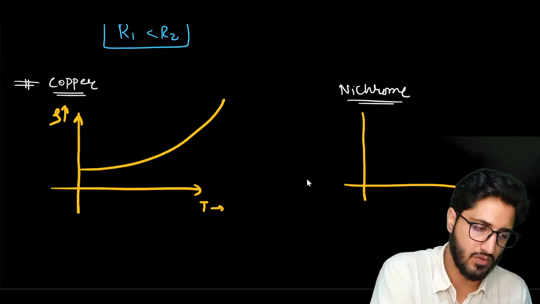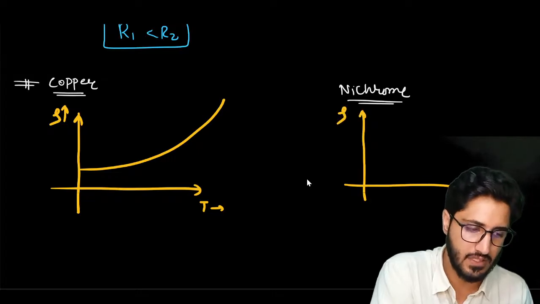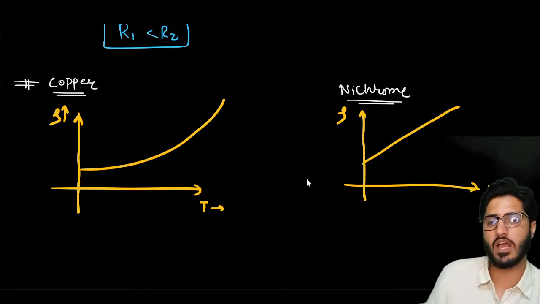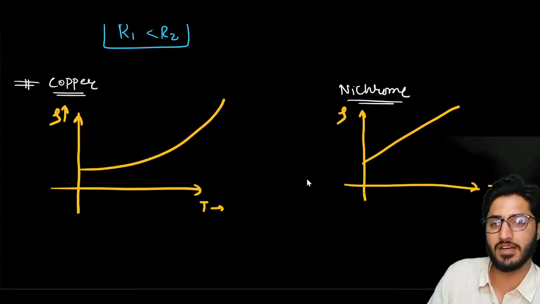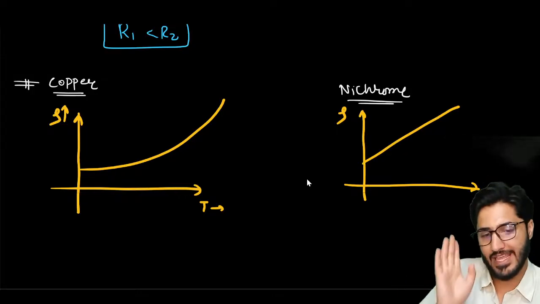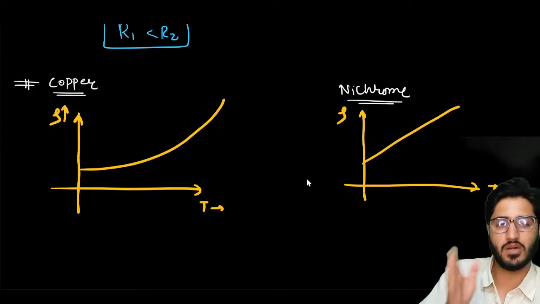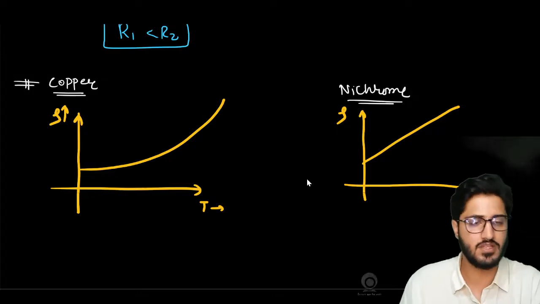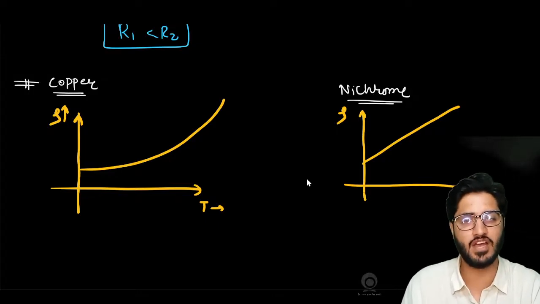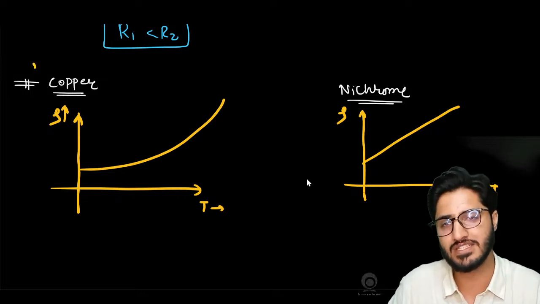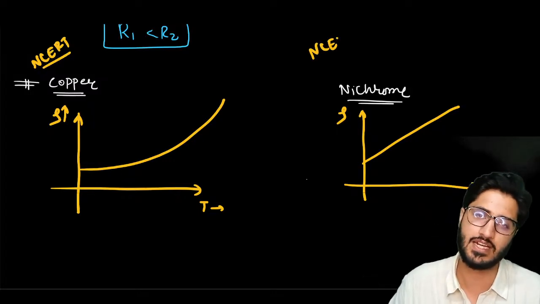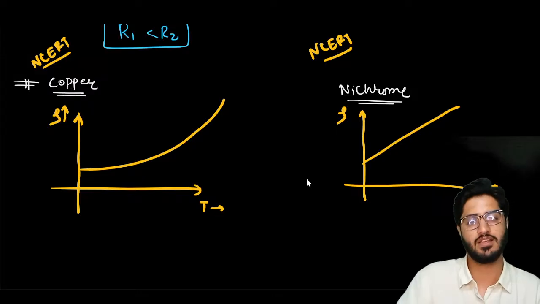We need to memorize these things. For copper, it is like exponential. For nichrome, it is a straight line, but with some intercept. These two graphs are given in NCERT. If you open your NCERT, you can see these things, in your odd pages.